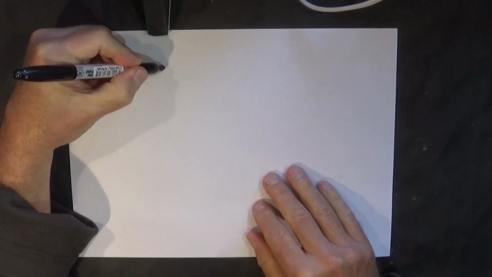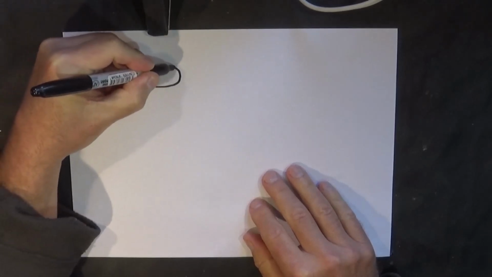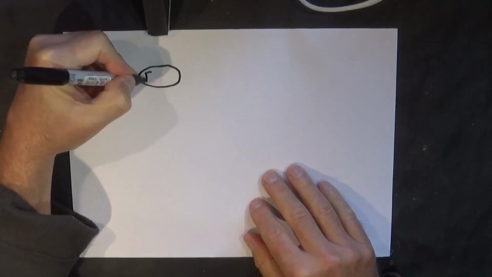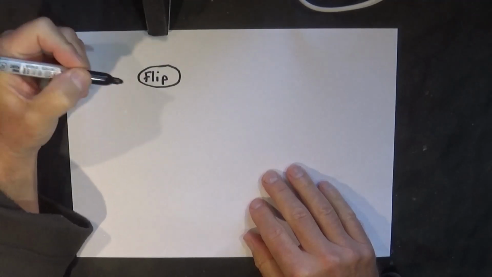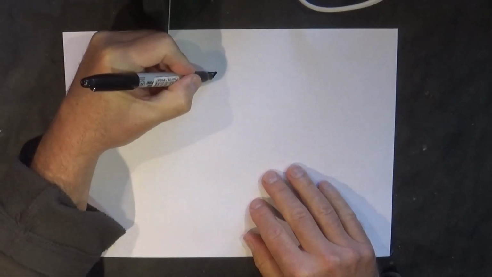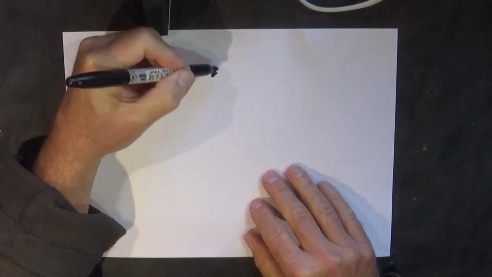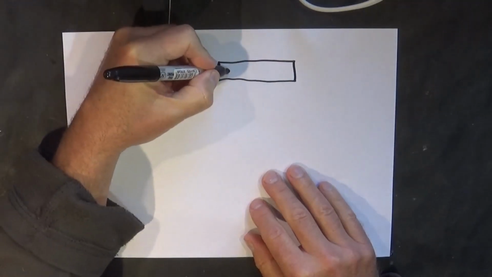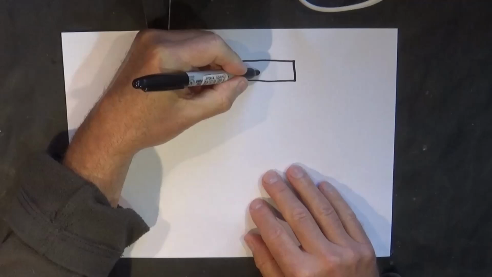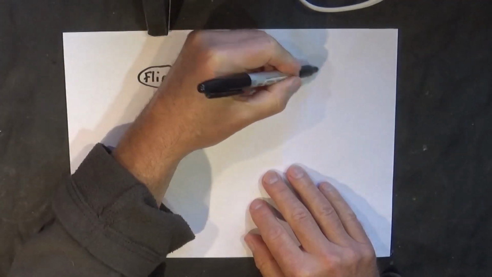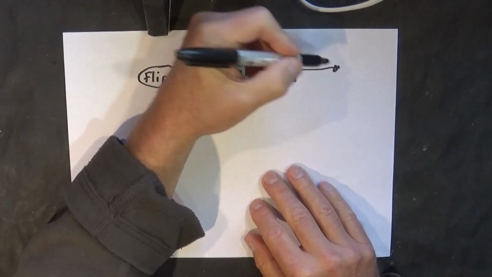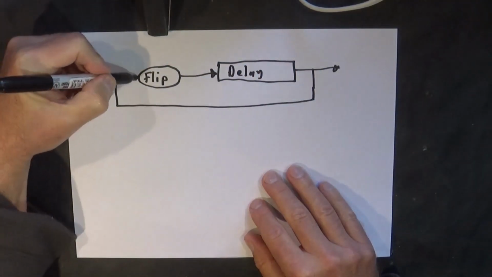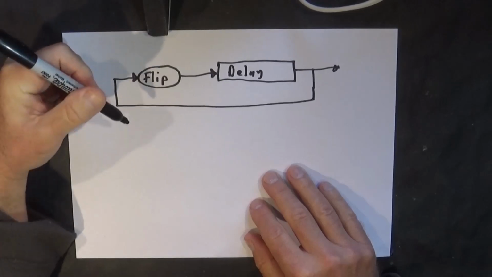So what I've done is I've got our flip engine and I just put the output from it into our delay, and the output of the delay goes out and is fed back also to the input of the flip engine.